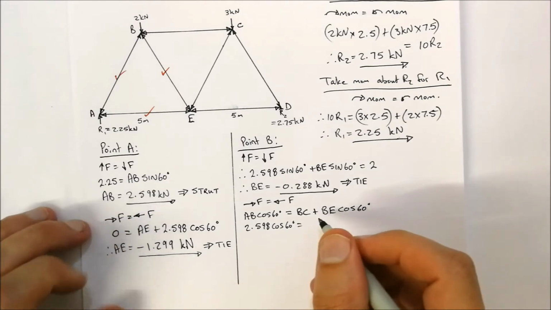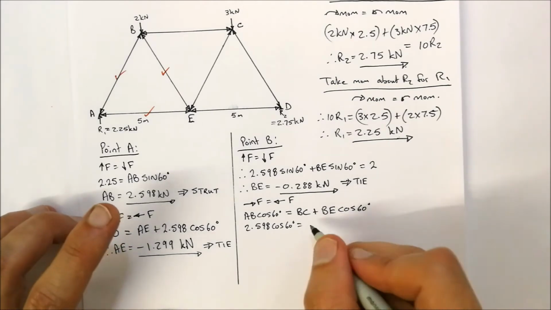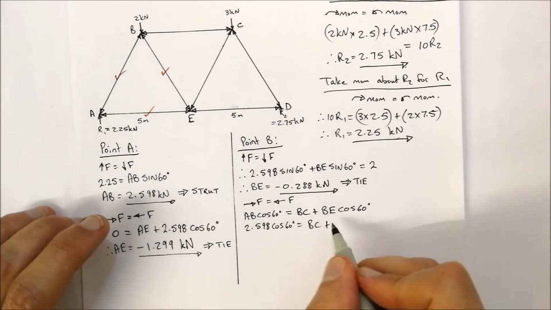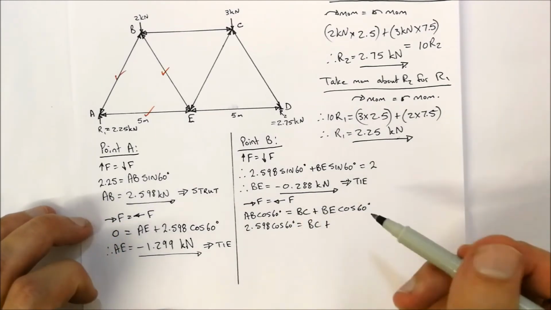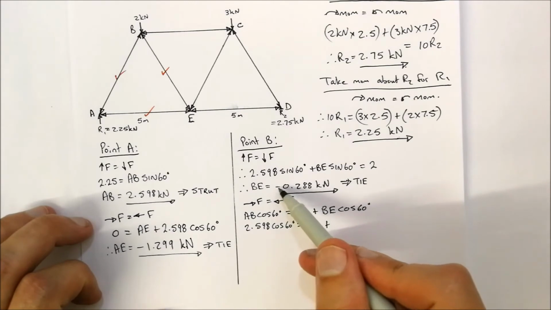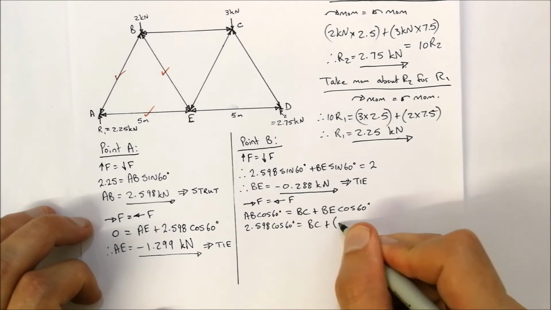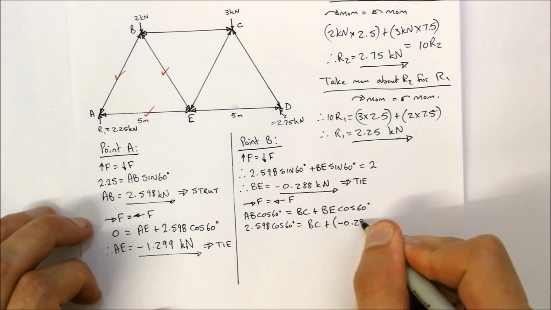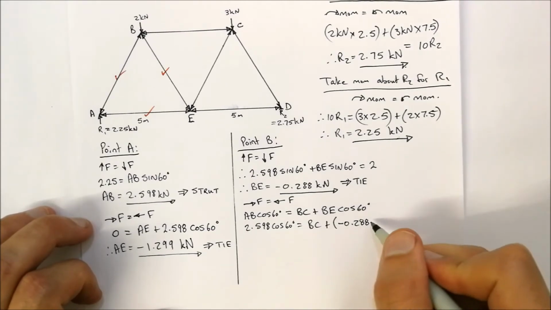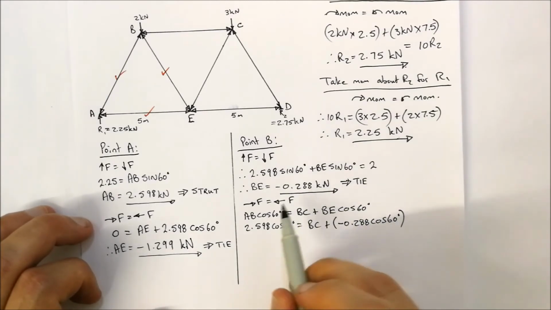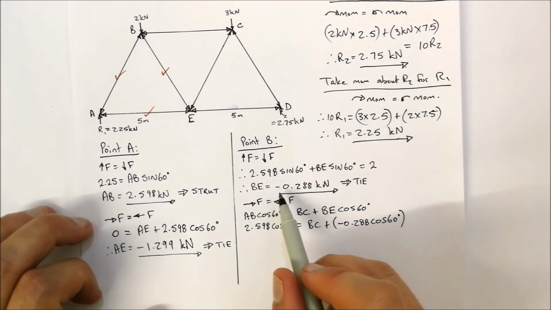That's equal to BC, which we don't know, plus BE, which we know, but keep in mind it's a negative value, so we've got to take that into account. So that is minus 0.288 cos of 60 degrees. So the sign over there is important as well.